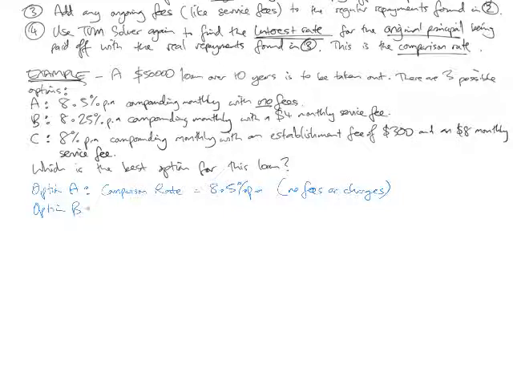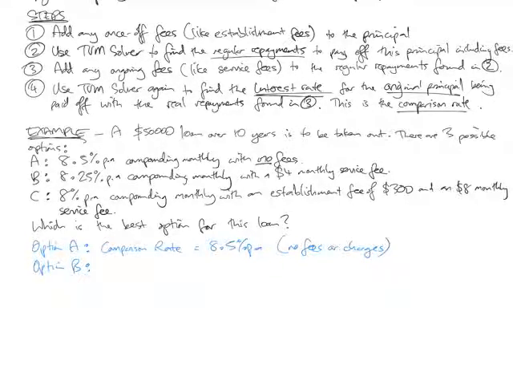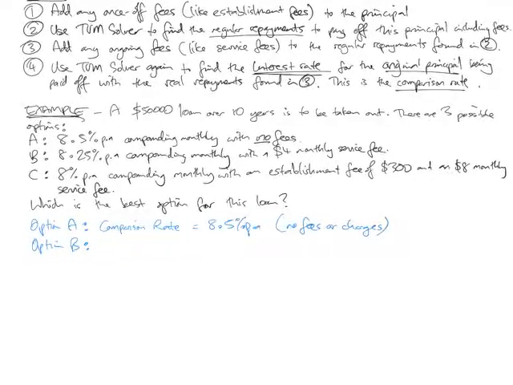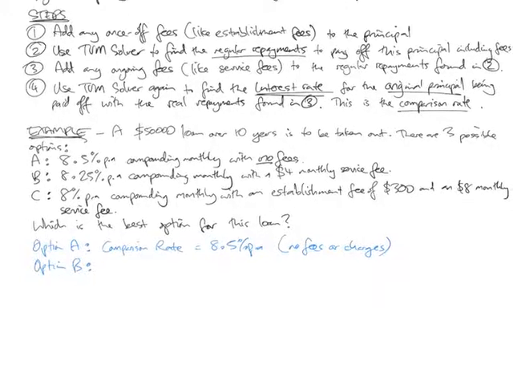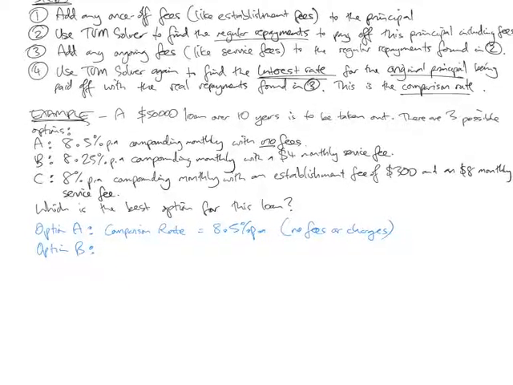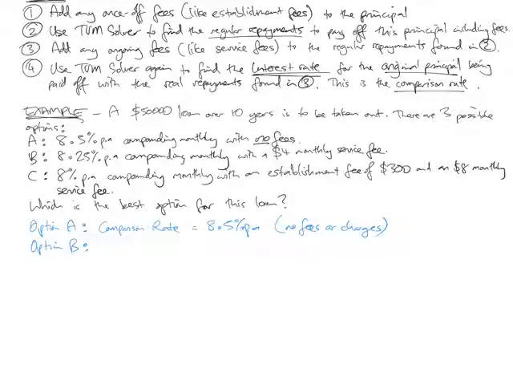Option B. You may have to do maths here because there's fees. 8.25% per annum, compounding monthly with a $4 monthly service fee. So, keeping in mind the steps, step 1 is to add any once-off fees, like establishment fees, to the principal. There's no establishment fee or once-off fee in option B, so you can skip step 1. Step 2, use TVM Solver to find the regular payments to pay off this principal, including fees.